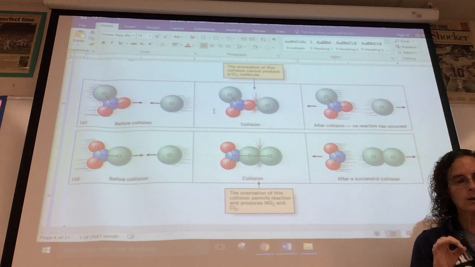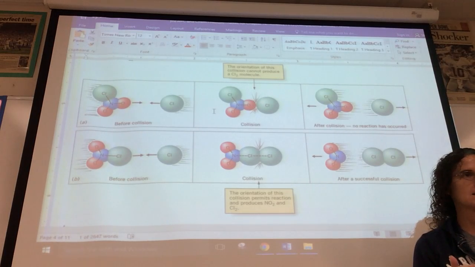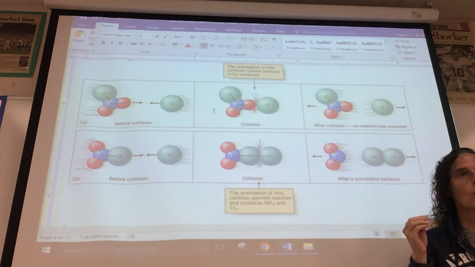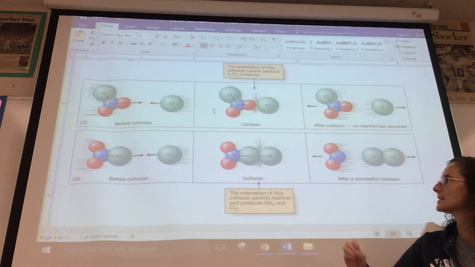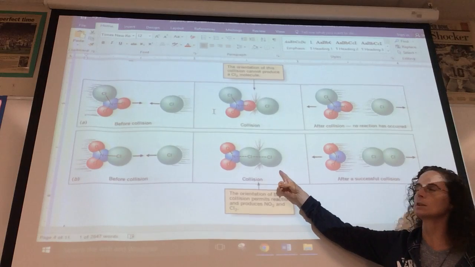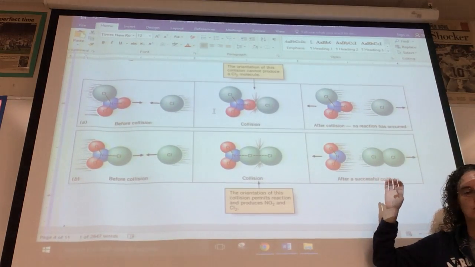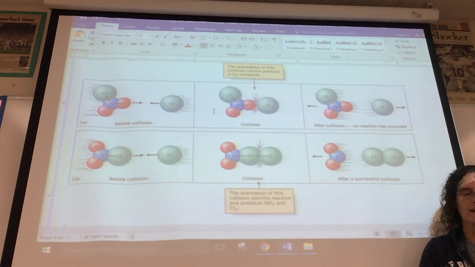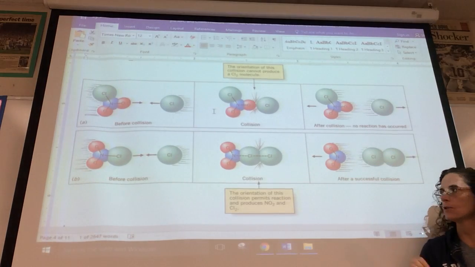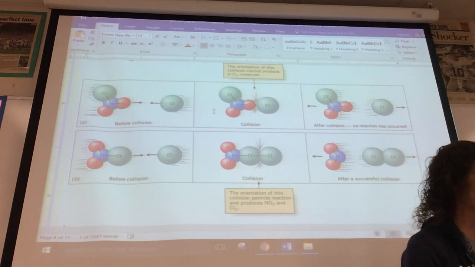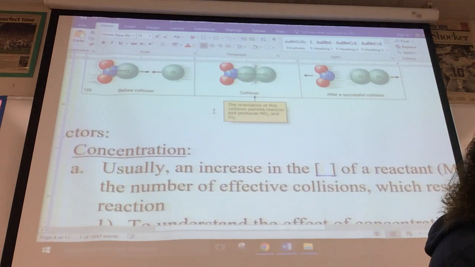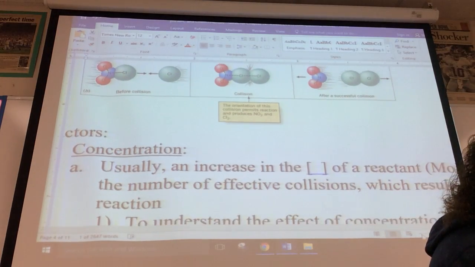The collision theory helps explain why these factors of concentration, surface area, and temperature affect reaction rate. So anything that increases the likelihood of an effective collision will increase reaction rate. And you always explain why these factors affect reaction rate through the collision theory, which we'll come back to when we talk about those other factors.